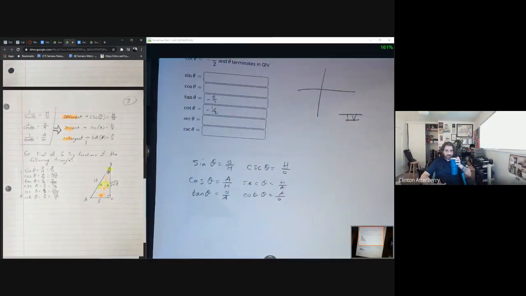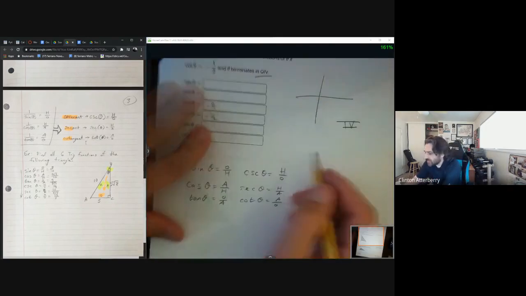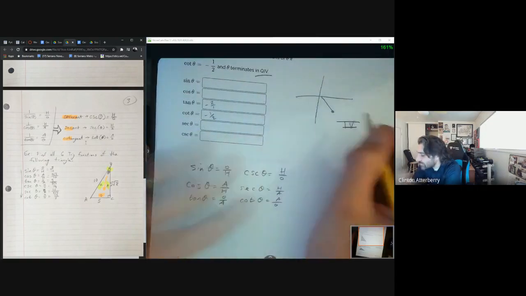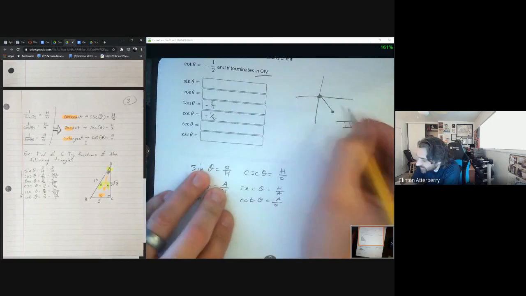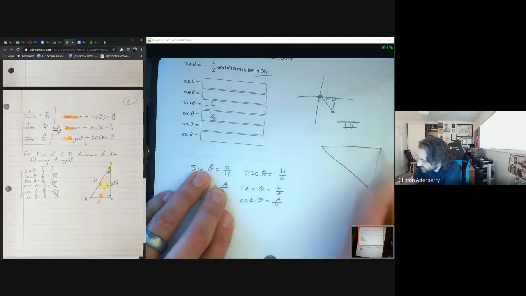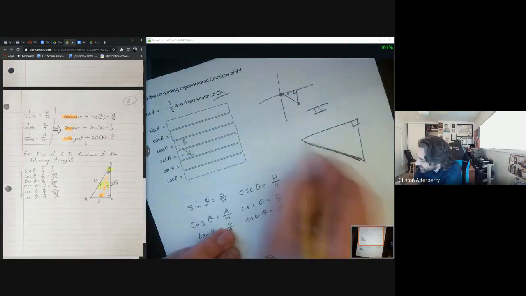Now we got to figure out the rest of them. So real quick, they already told us something about quadrant 4. Wherever that dot is, I don't know, but it starts here in the middle and creates some sort of triangle that will look like that. I'm not quite sure what the pieces look like.